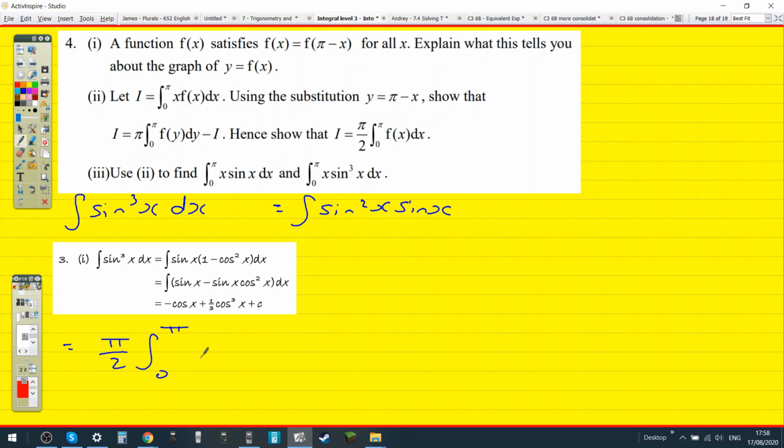Pi 0. Sine cubed x. Yeah. Wait, why did you put the integration sign if it's only... Sorry, so it's a square sign. Is that right? Yeah. Cos x.